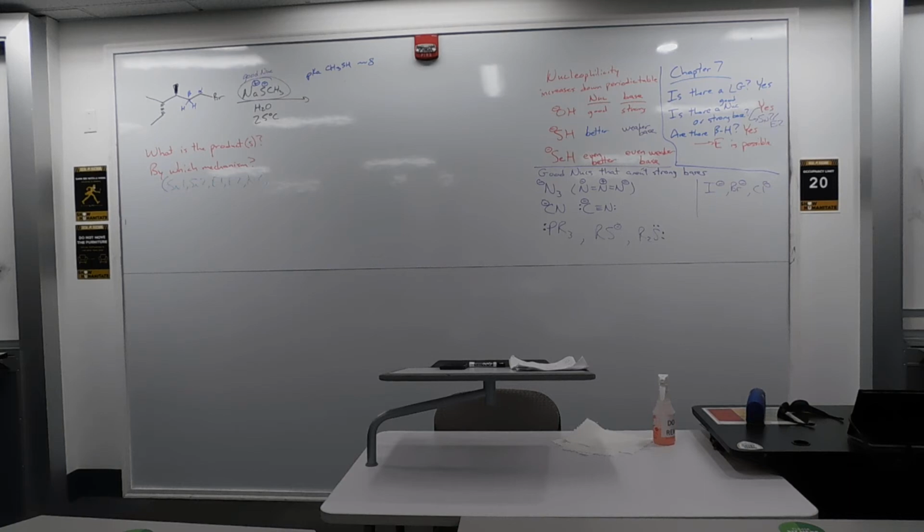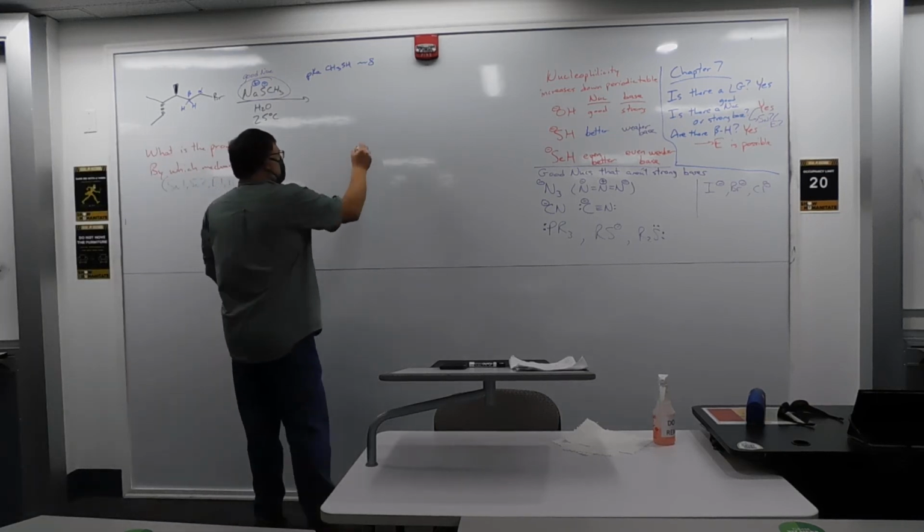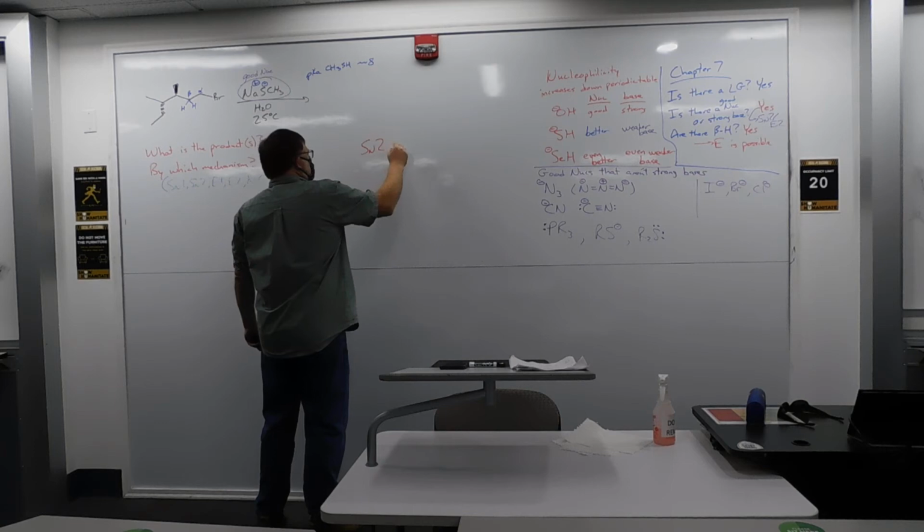So again, we have a good nucleophile here, but it's not a particularly strong base. And so the question was, how do you differentiate SN2 and E2, right? The fact that we have a good nucleophile or a strong base tells us SN2 and E2. Then how do we split that? So in this case, SN2 or E2.